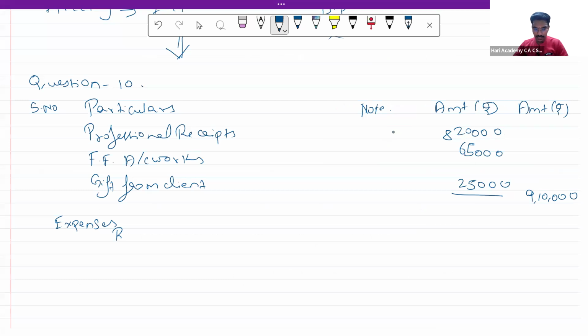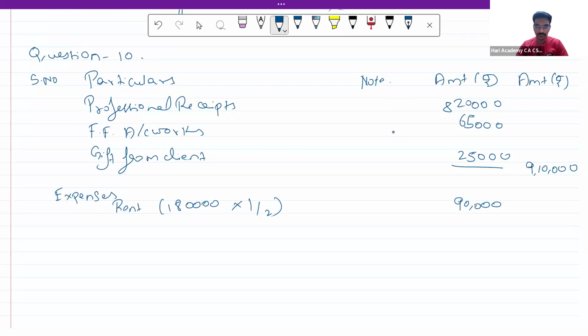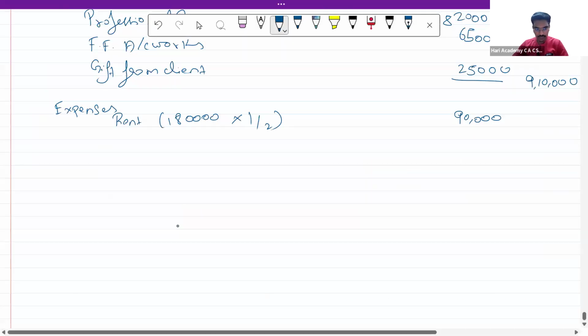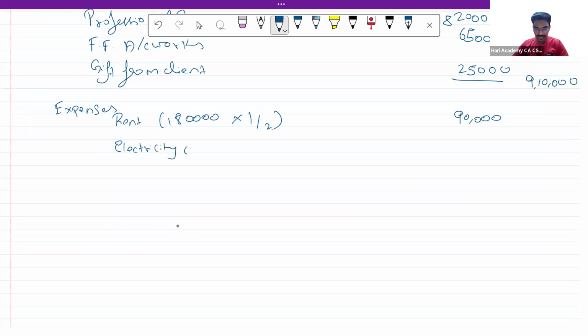First is rent. The total rent paid is 1,80,000. Of this, only half of the amount is allowable as a deduction. So that is 90,000. Next is electricity charges.